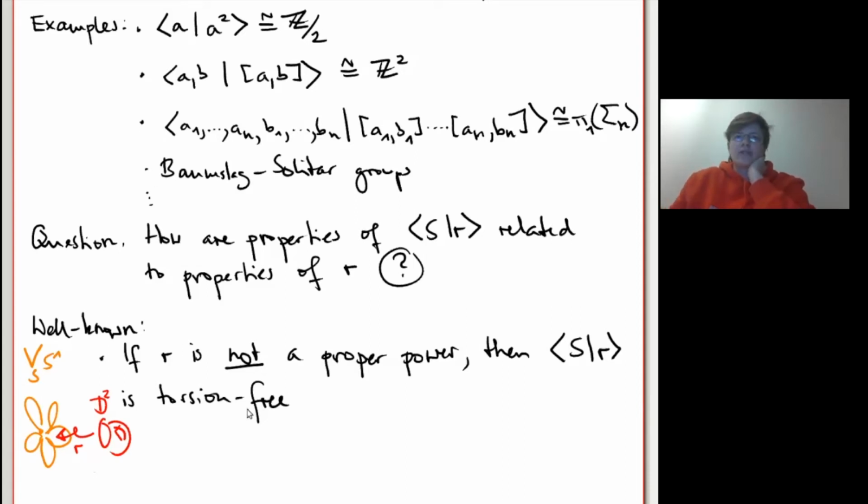It's a topological space that you can construct out of your one-relator group. And if R is not a proper power, then this presentation complex is already a classifying space.